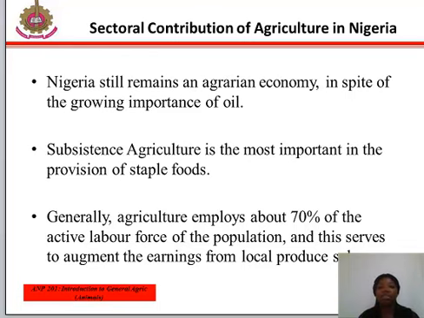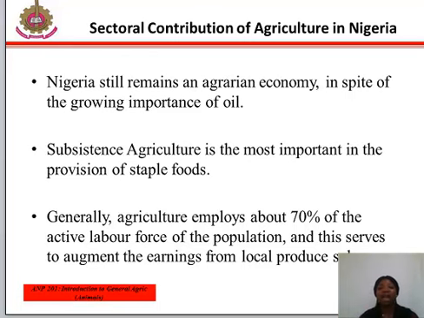Examples of food crops grown are: the first one is cereals, which include guinea corn, millet, maize, and rice. For roots and tubers, this includes cassava, yam, cocoyam, and potatoes. The next one is grain legumes. This includes cowpeas, locust bean, soya bean, and groundnut. The fourth one is tree crops, which include cocoa, oil palm, and rubber.